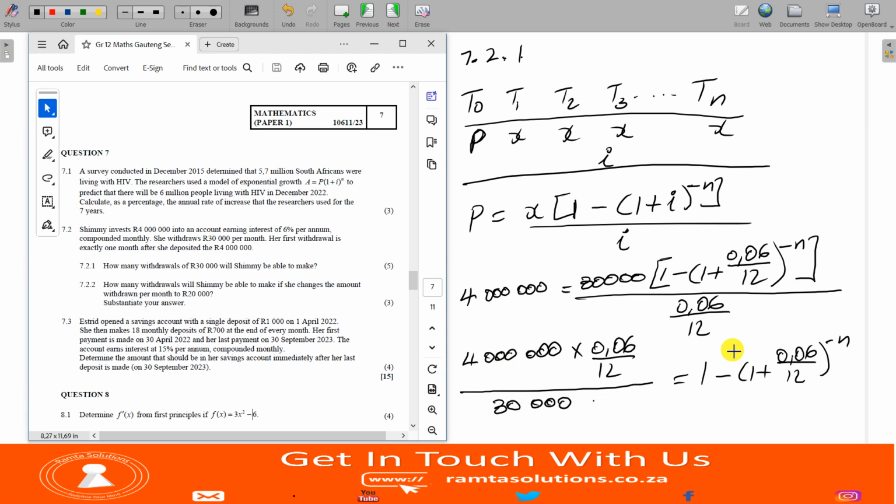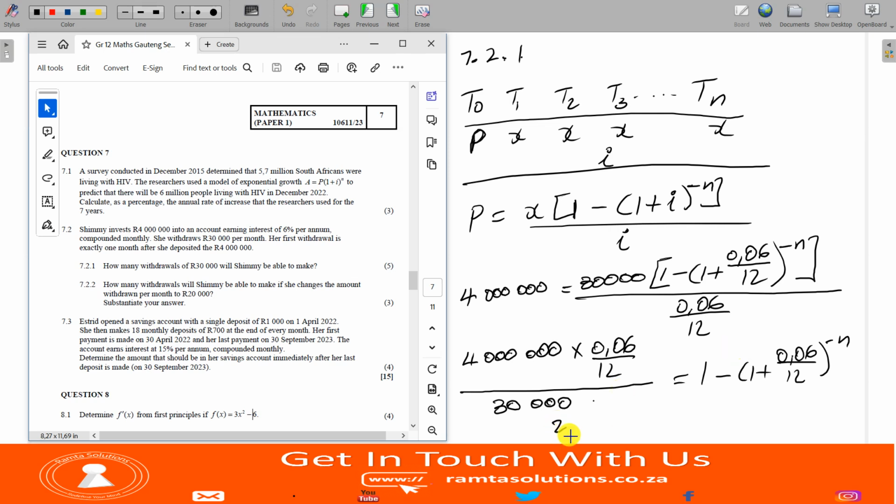Now, let's simplify the left-hand side. On my calculator, in fraction mode, I will say 4 times 10 to the 6 multiplied by 0.06 over 12, all over 30,000. I got 2 over 3. I don't know about you guys, but I got 2 over 3.